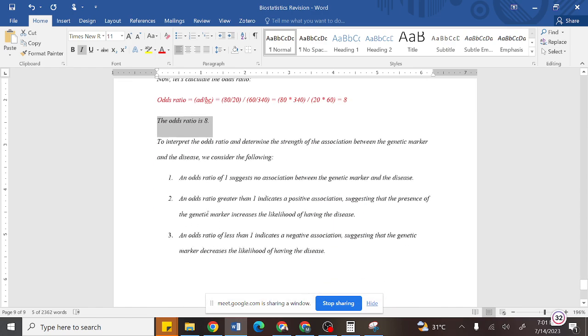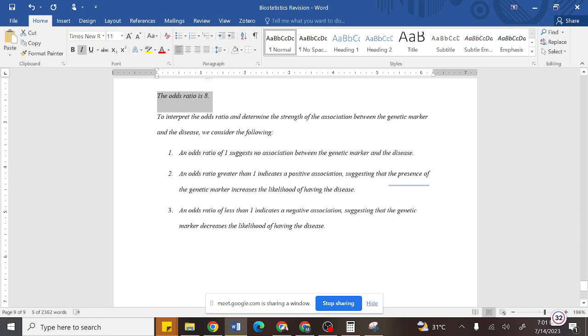Okay, so the interpretation is as follows. These are the general interpretation issues. If you have a ratio of 1, it means that the exposure is not related to the health outcome. That means there is no association between the genetic marker and the disease. If you get a ratio greater than 1, it means there is a positive association.